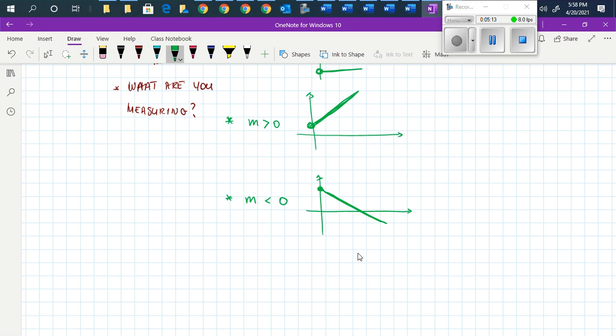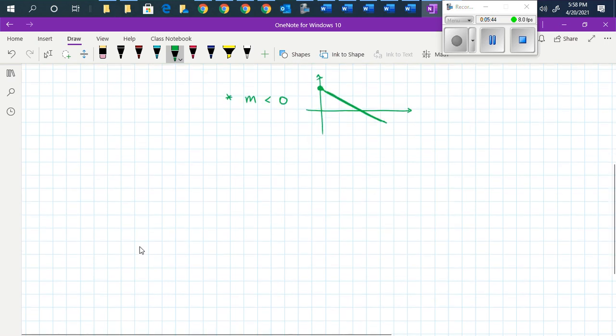But then we will see cases when the theory is telling us that it's 0, but actually the experiment is giving a certain value, and that is known as the systematic error in the experiment, which we will talk about during class or in other videos.